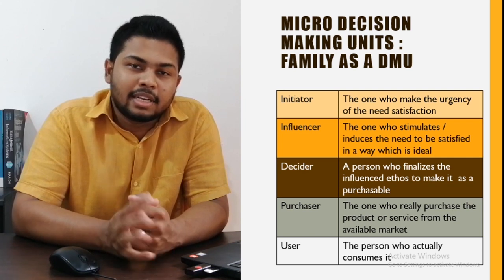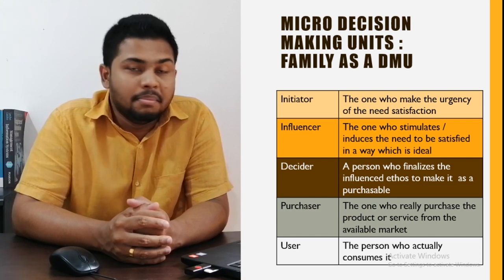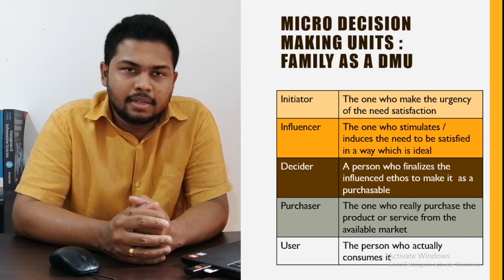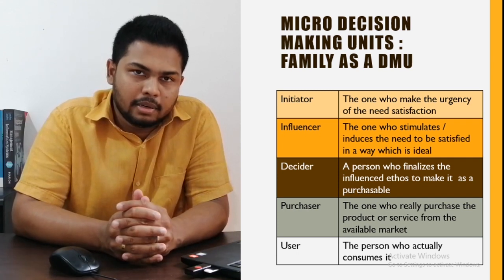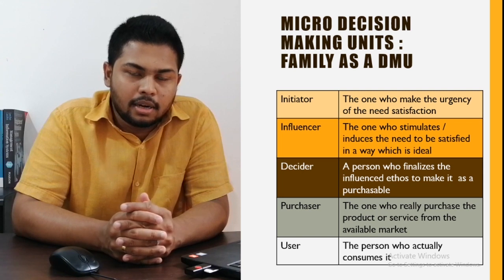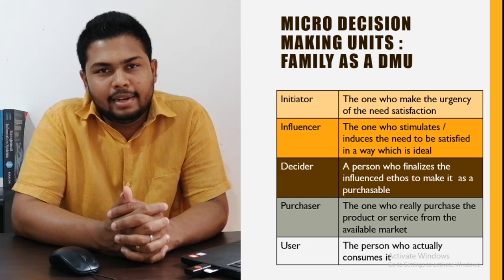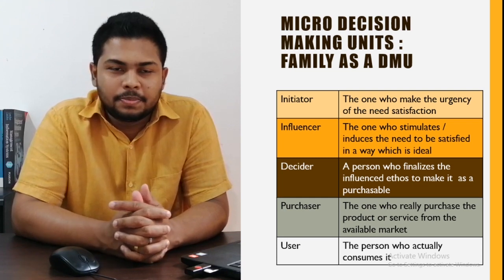Who is the consumer? The consumer is called the user. That is the baby in the house, or let's say the infant in the house, right? So these are the five forces influencing family consumer decision making: initiator, influencer, decider, purchaser, as well as the user, right?